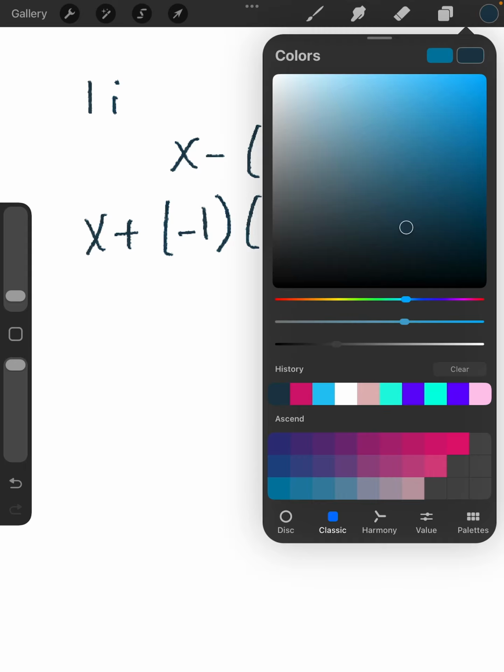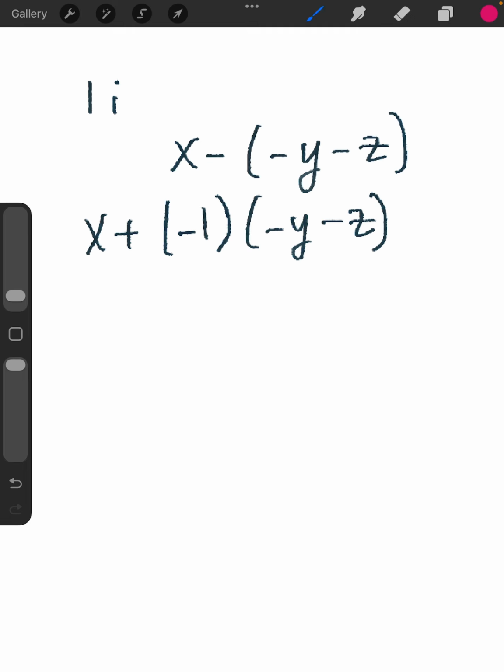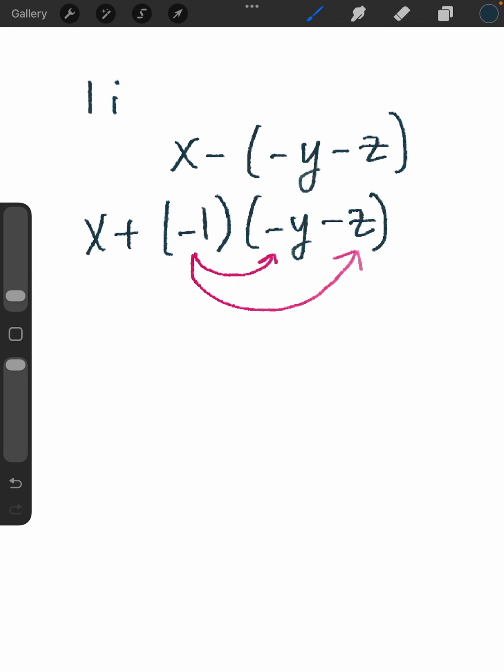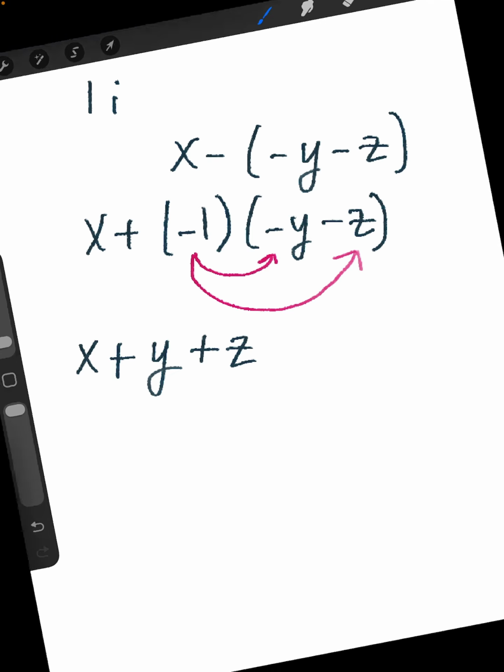So now we're just going to follow the distributive law and multiply negative 1 by negative y and multiply negative 1 by negative z. Let's see what result we have. x plus negative 1 times negative y is y. Negative 1 times negative z is positive z. So that's the answer to 1I.